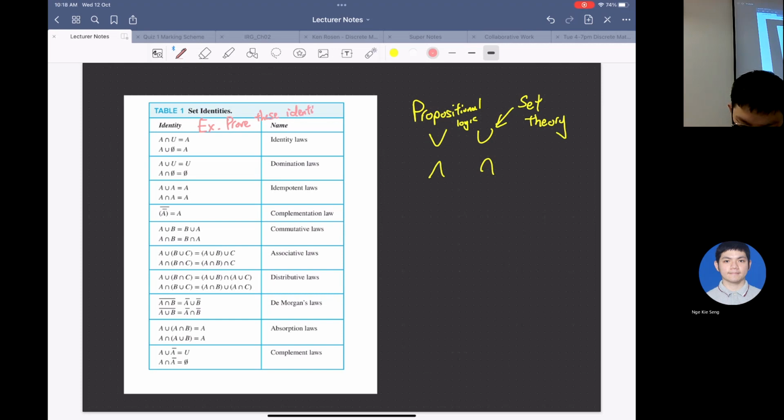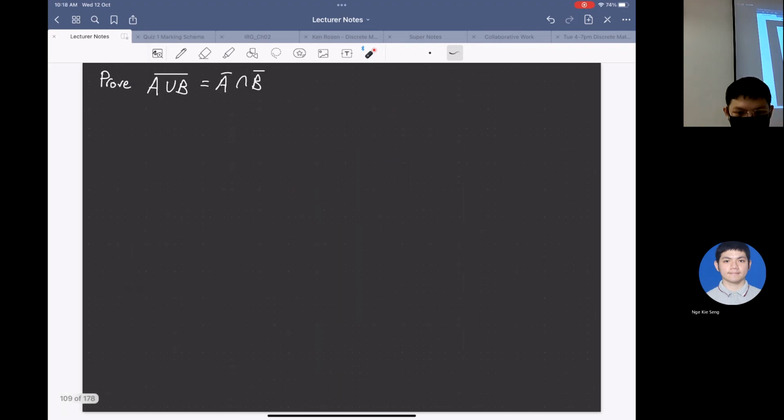Prove these identities at home, okay? When you are free and have nothing to do. These are set equalities, so you need to show the two set inclusions for all of these. So as a tradition, let's prove this De Morgan's law.